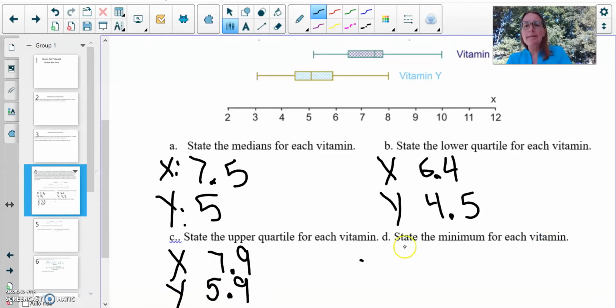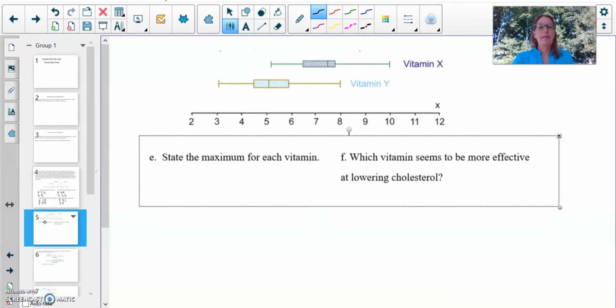For vitamin X, the minimum looks like about 5 1/10. For vitamin Y, the minimum looks like it's 3. State the maximum for each vitamin. For vitamin X, the maximum is 10. For vitamin Y, the maximum is 8.